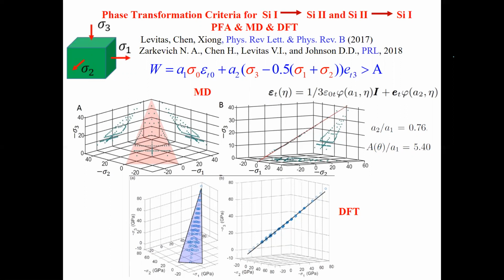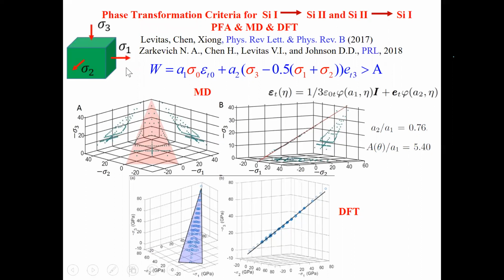This sounds like an unsolvable problem because there is a huge number of combinations of all 6 components of the stress tensor, but we were also developing a phase field approach. And within the phase field approach, we derived analytically an expression for the phase transformation criterion. So now we need just to check it. We don't need to exhaust all possible combinations. And this is doable and much simpler.